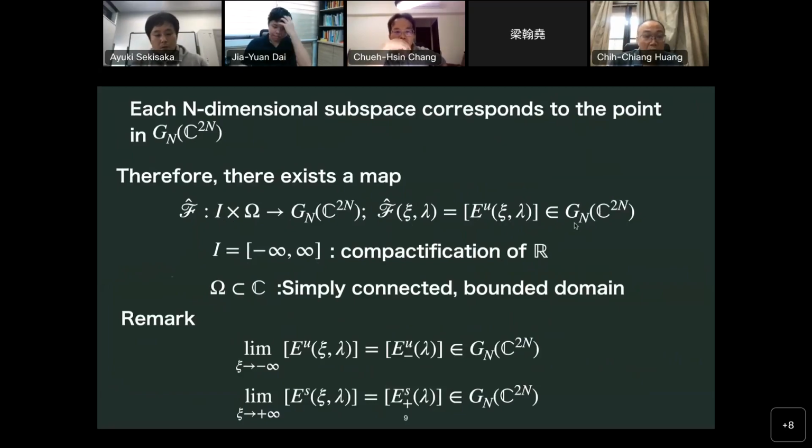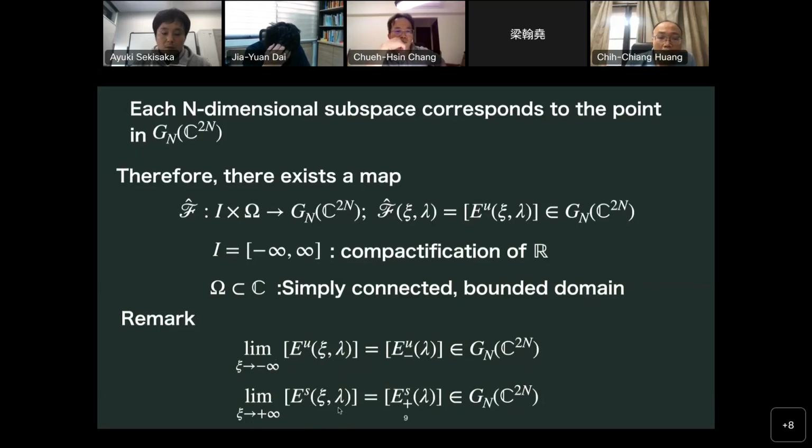We remark that the unstable and stable subspaces satisfy the following properties in the Grassmannian manifold. As xi goes to minus infinity, E^U(xi, lambda) converges to E^U_minus(lambda), the unstable subspace of the constant matrix A minus lambda.